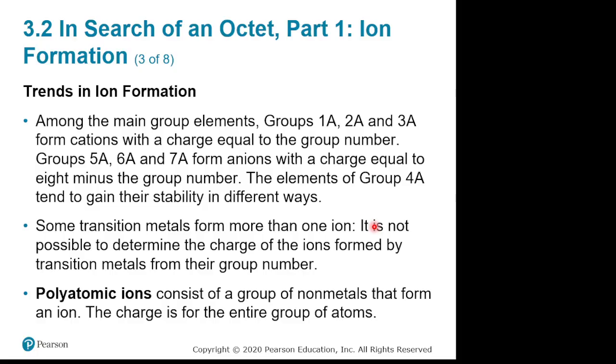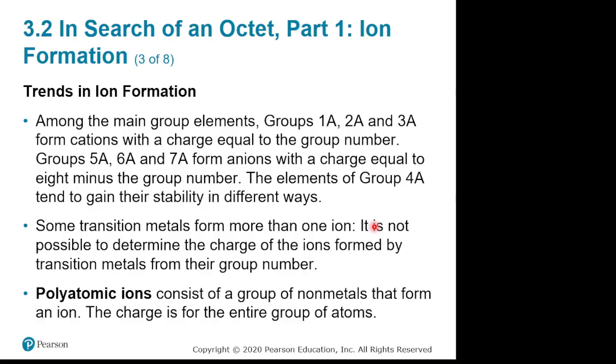So some transition metals are going to form more than one ion. It's actually not possible to determine the charge of the ions formed by a transition metal from just their group number. You can't just go to group 7, 7B, and say Mn is going to make this number of electrons every single time, period. Okay? Polyatomic ions consist of groups of nonmetals.